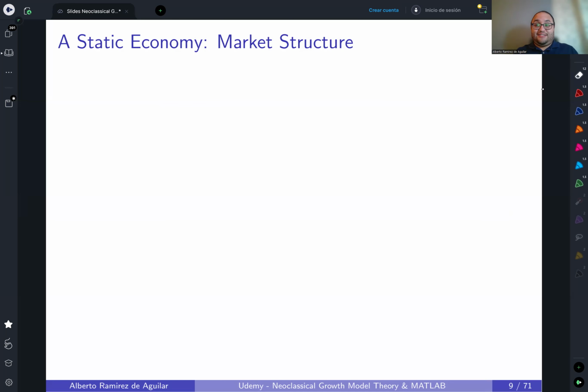What's next is to try to understand how firms and households interact. Until now, what we have is, given the wage, what is the optimal decision of households in terms of labor and consumption, and given the wage, what's the optimal decision of firms in terms of labor, production and profits.